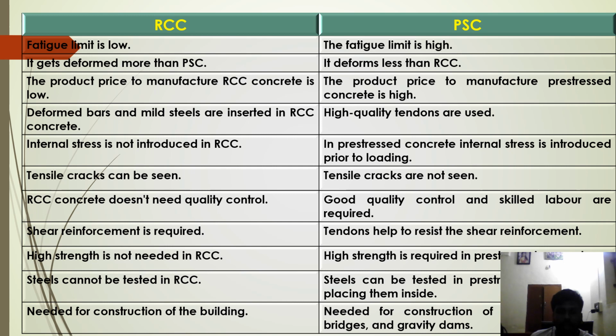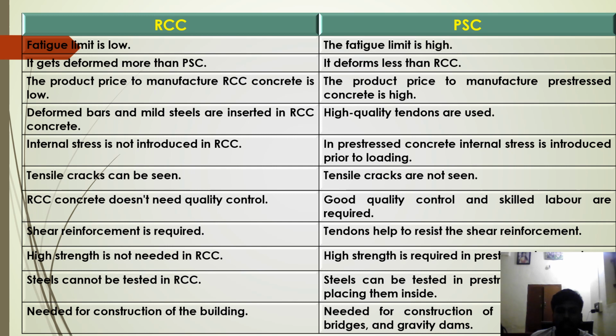Deformed bars and mild steel are used in RCC concrete. High quality tendons are used in PSC. Internal stress is not introduced in RCC. In pre-stressed concrete, internal stress is introduced prior to loading.